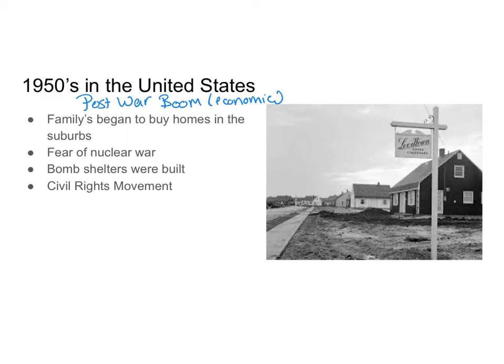People had money. They could buy a home in the suburbs. This over here to the right is your picture of Levittown, which was one of the first suburbs. Houses were built to all kind of look the same. You can kind of see they all have very similar characteristics. They were affordable. People were able to move their families into a home.